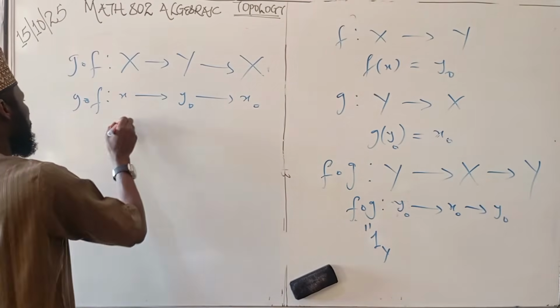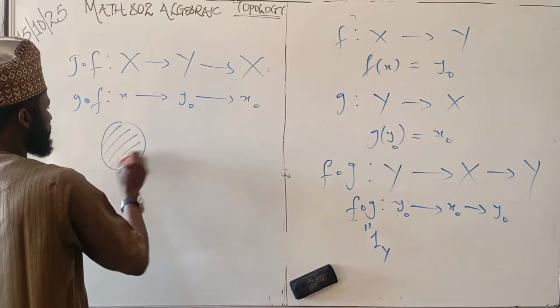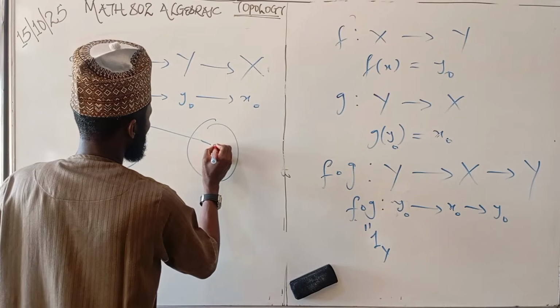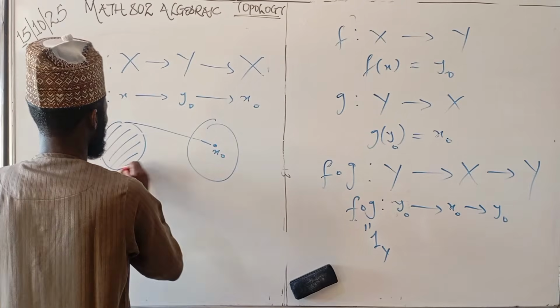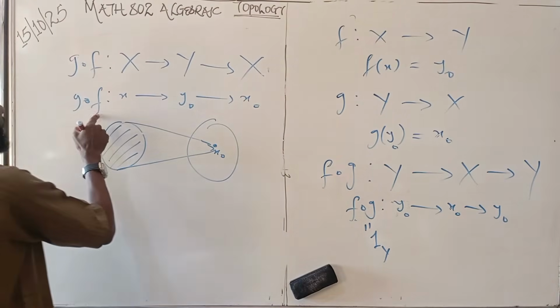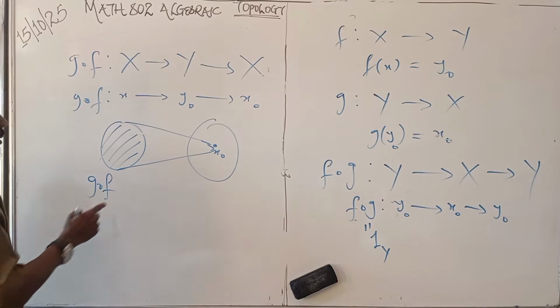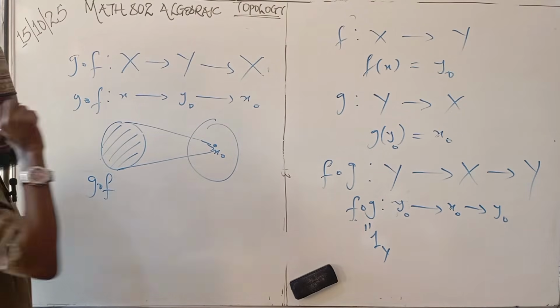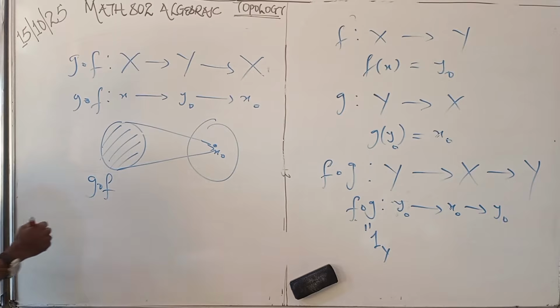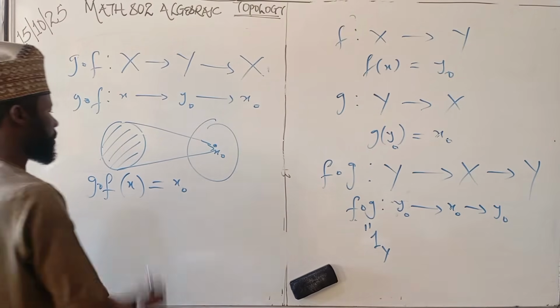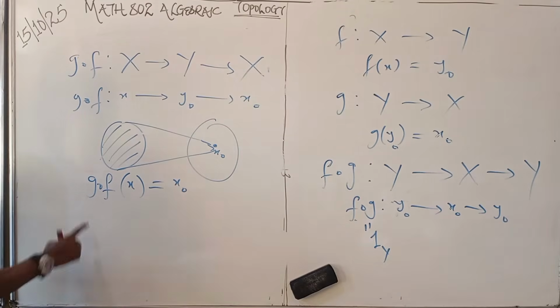So every point of the disk is being mapped to only the central point of the disk, X naught. So this mapping is the map that sends everything to just one point. So the map sends x to this one for all x in the disk.